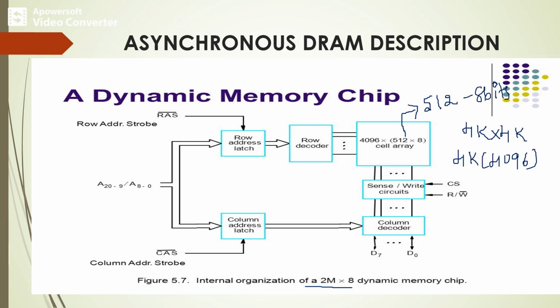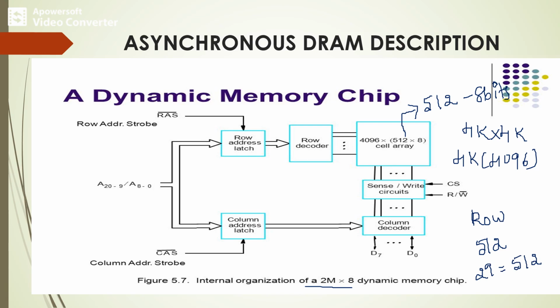So each row can store around 512 bytes of data. So I need 2 power 9, that is equal to 512.